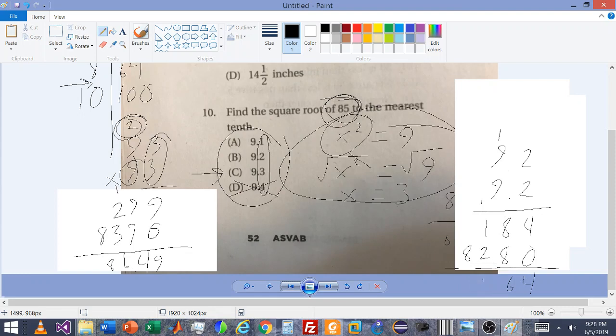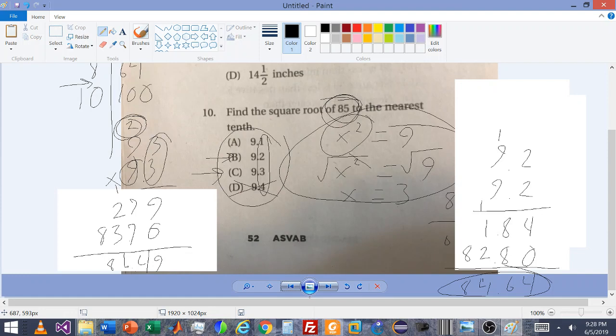So this one is 84.64. So it says find the square root of 85 to the nearest tenth. So this one is the closest without going over. So 9.2 actually looks like our winner. Let me check if I did the calculations correct. That's number 10. Yeah, B. So sorry I misdid this one at first.